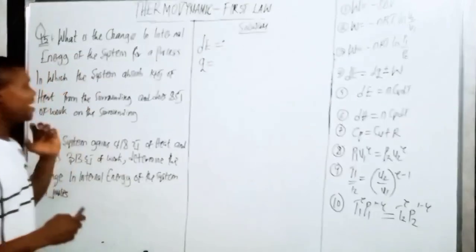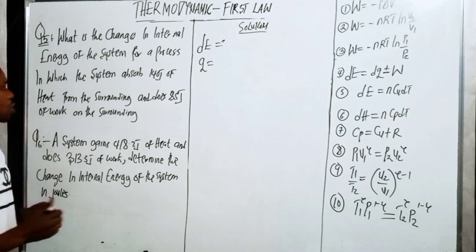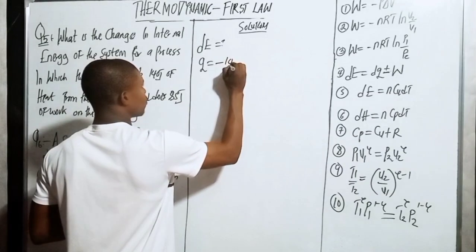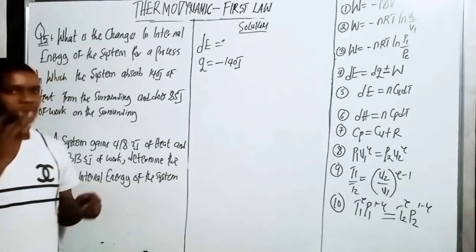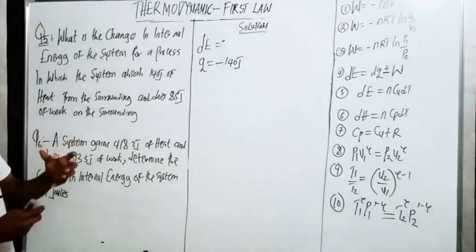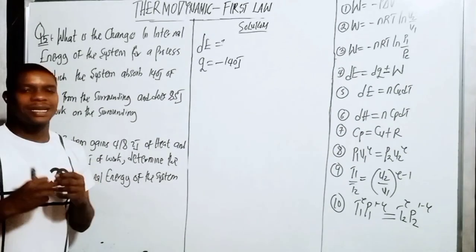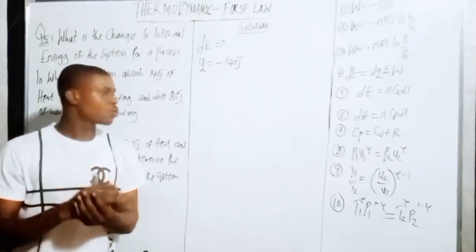So because they say the system absorbs 140 joules of heat from the surrounding, Q is going to be plus 140 joules. Do you understand? Then the system does 85 joules of work on the surrounding.